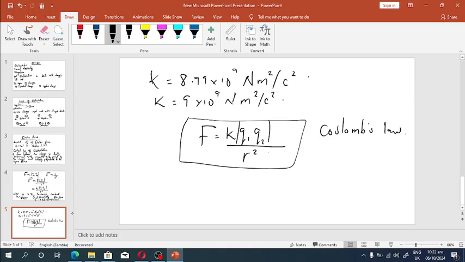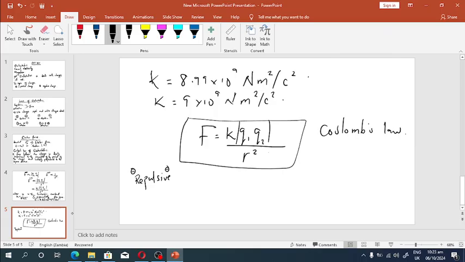Furthermore, we have two important things that we need to take note of when we are doing our calculations to determine the electric force between two charges. If we have two charges that are of the same sign, the force is a repulsive force, from the laws of electrostatic repulsion.